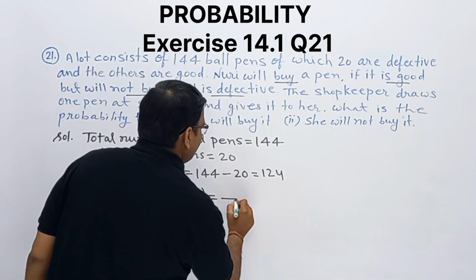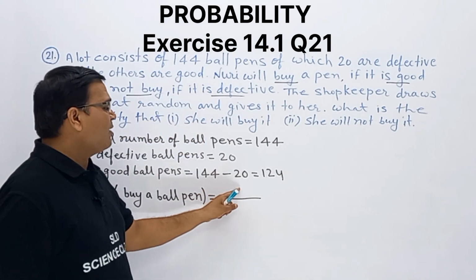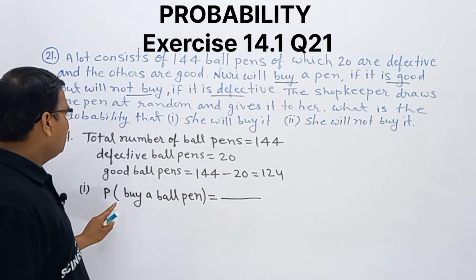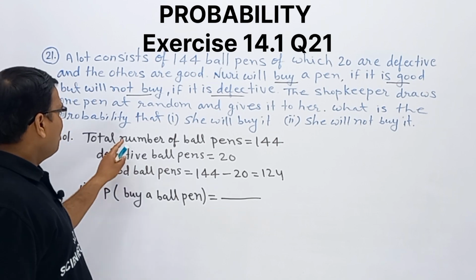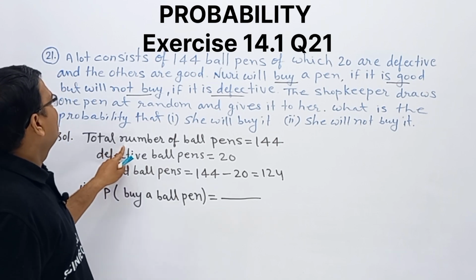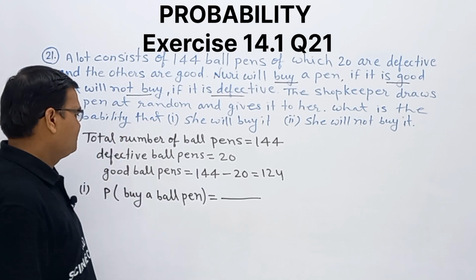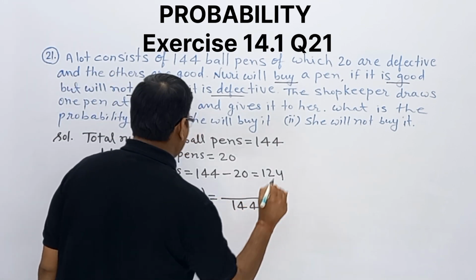So we know well, probability of an event equals number of favorable outcomes divided by total possible outcomes. In the lot of ball pens we are having 144, so total possible outcomes will be 144.